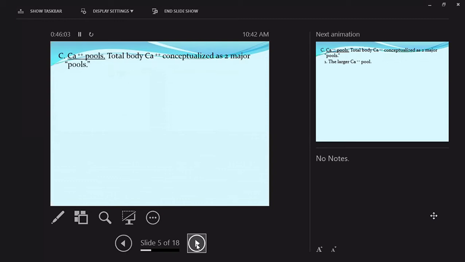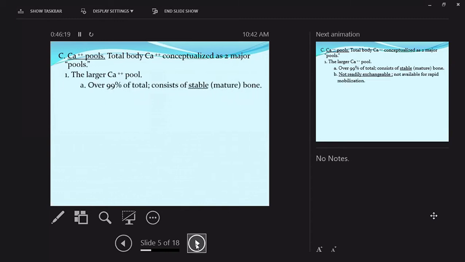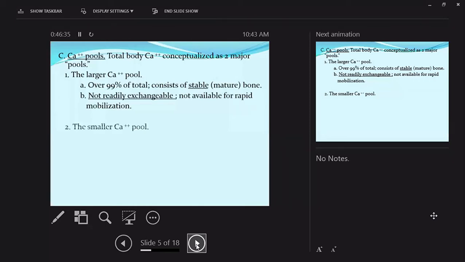There are two major pools of calcium in the body. The larger pool, over 99% of total, consists of the stable, mature bone. This is not readily exchangeable. This is not available for rapid mobilization if there is an emergency.